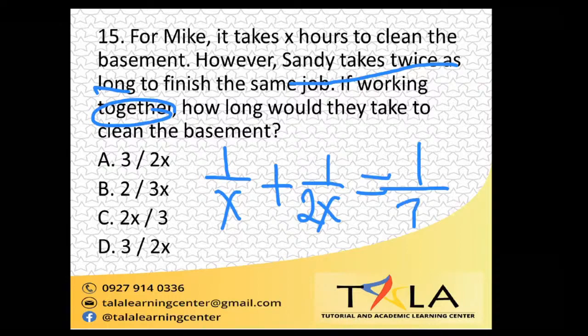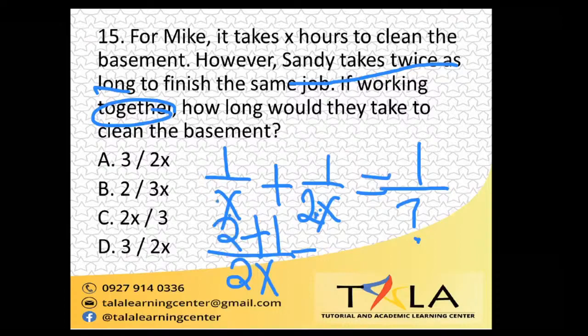So, how long would they take to clean the basement? So, again, in this specific problem, kahit na hindi mo na makuha yung exact amount, ang kinakailangan mo lang ay yung paano mo siya kukumputin. So, let's see, X and 2X. LCD is 2X. Dahil 2X din naman to, copy mo na lang yung nasa taas. 2X divided by X, that's 2, times 1, that's 2.